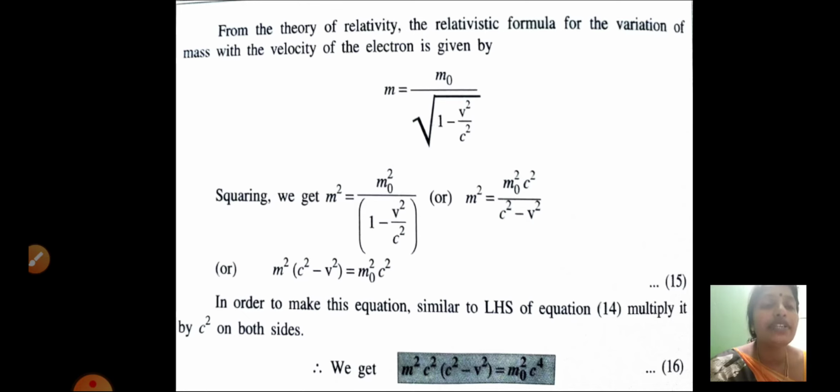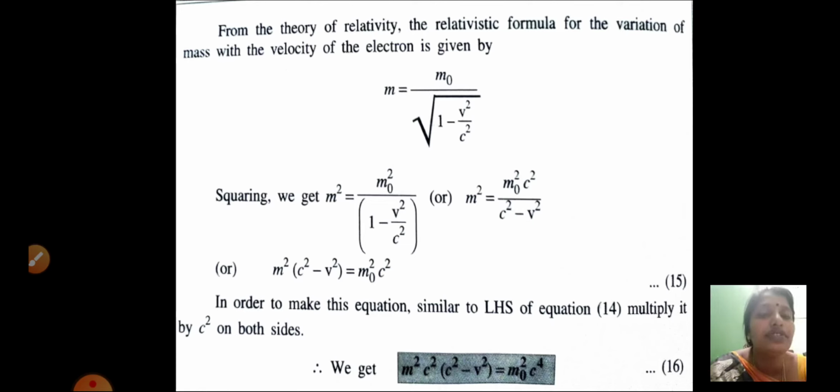Simplifying, taking the LCM, c squared minus v squared by c squared, and going to the numerator, m naught squared c squared divided by c squared minus v squared. Cross multiplying, m squared into c squared minus v squared equal to m naught squared c squared. We consider this equation 15.